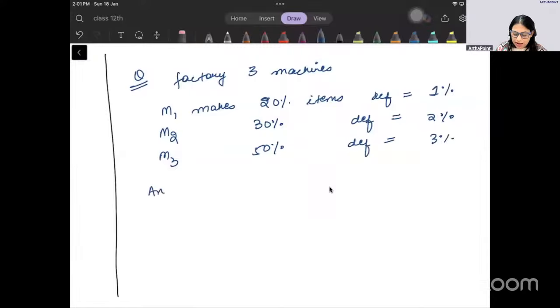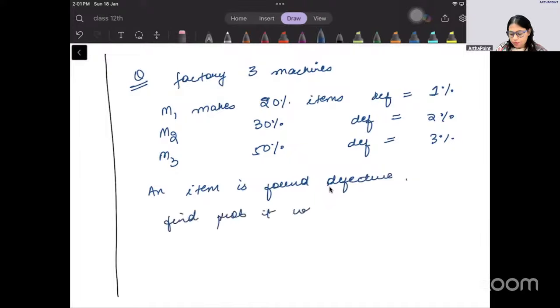Now we are saying an item is found defective. Find the probability it was produced by machine 3.